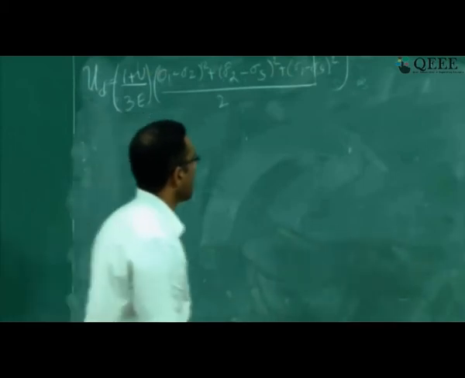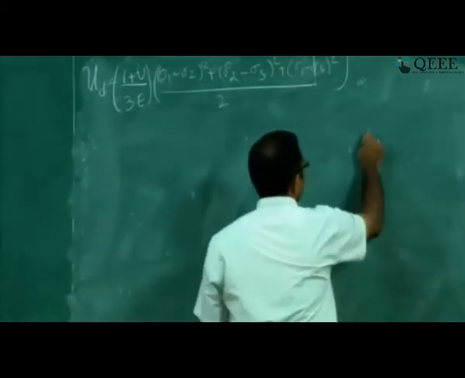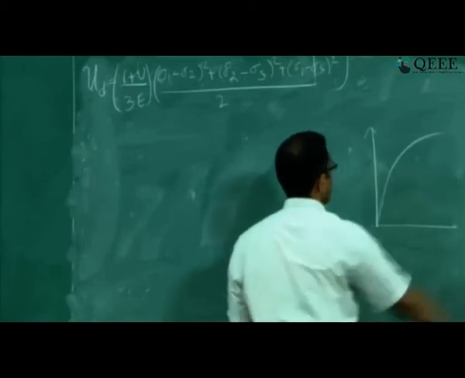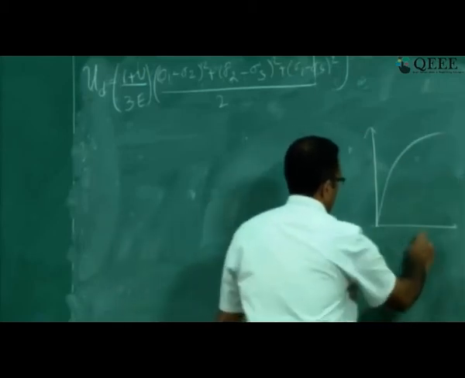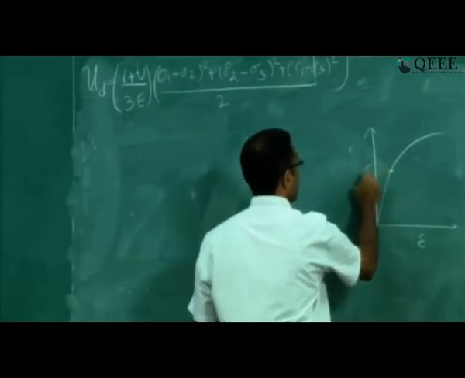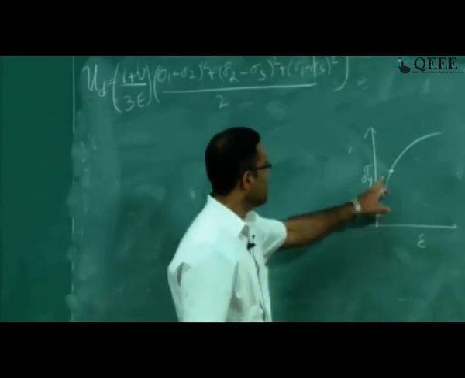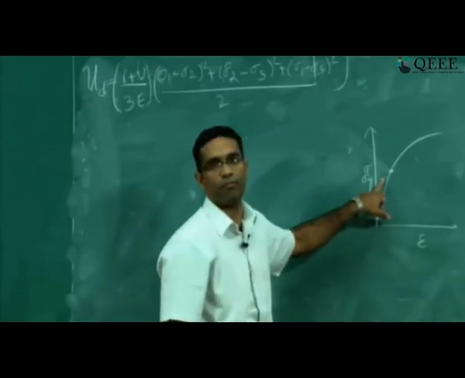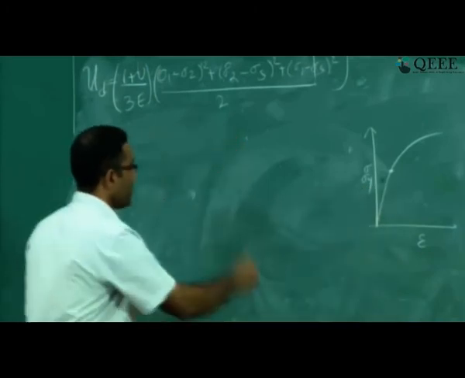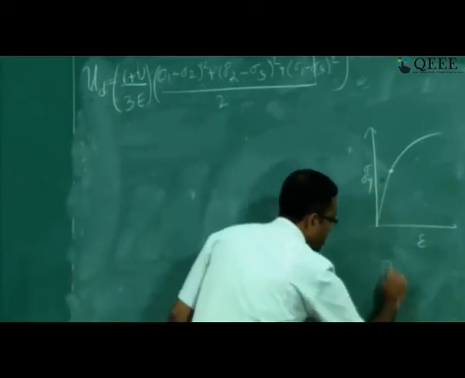What you do is, you take that material and perform a uniaxial tensile test. You will get a stress strain graph like this. So this number is called the yield strength of the material. Now for this material, you have only performed a uniaxial tensile test.